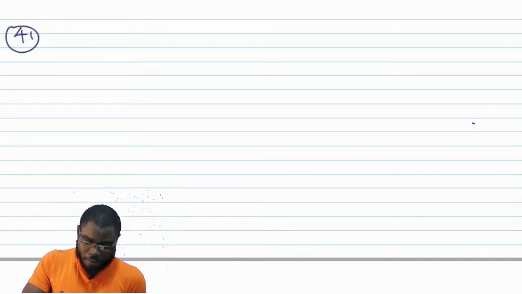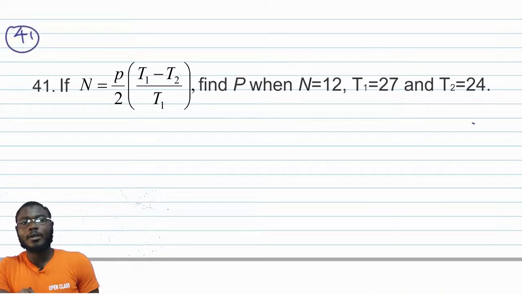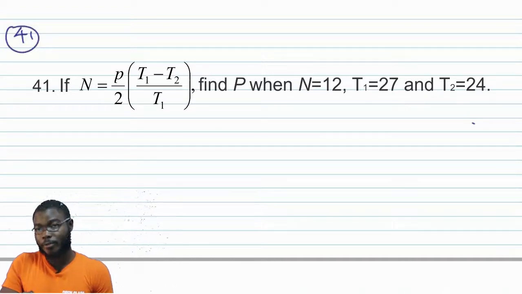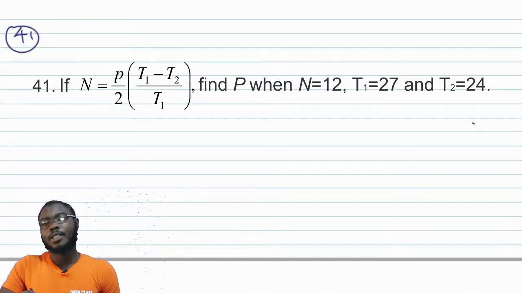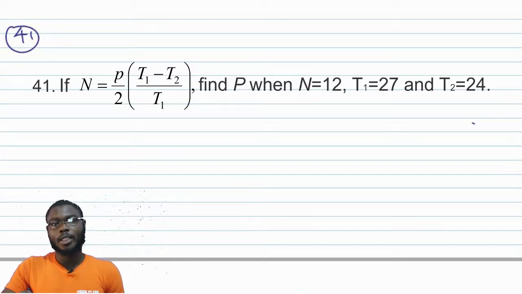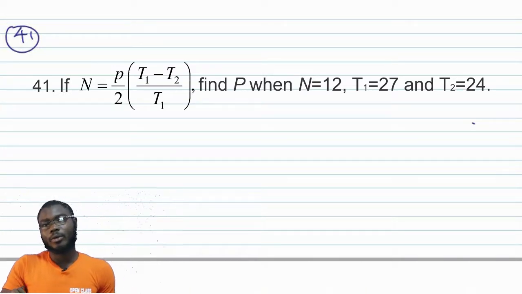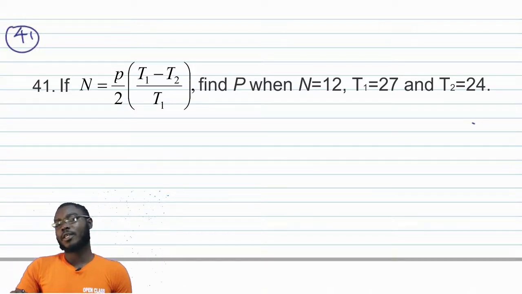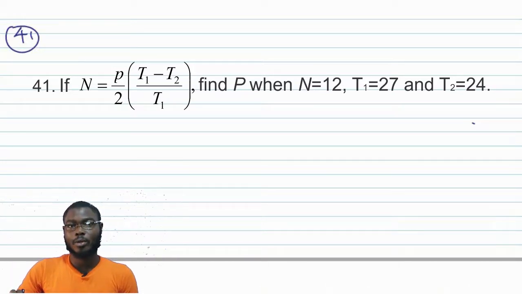All right, 41. Question number 41. We got: if n equals p over 2 times (t1 minus t2) over t1, find p when n equals 12, t1 equals 27, and t2 equals 24.